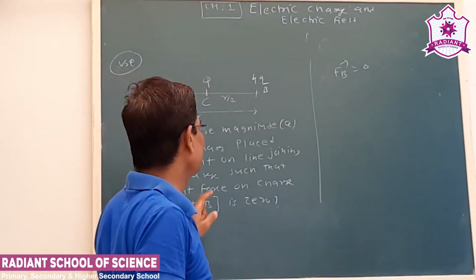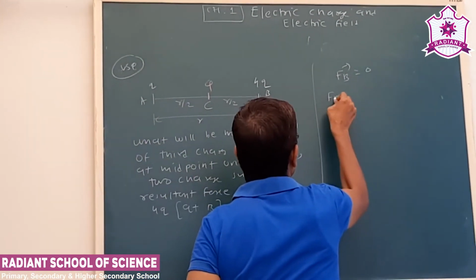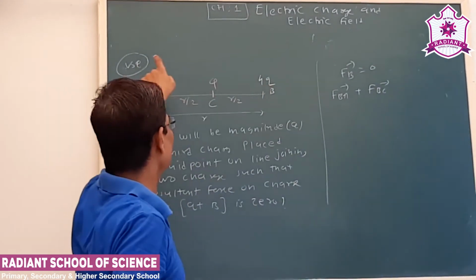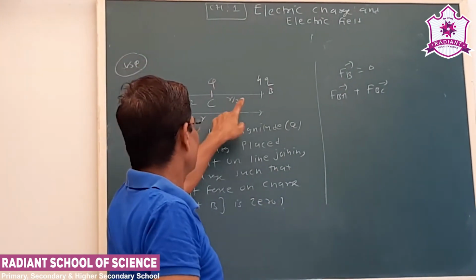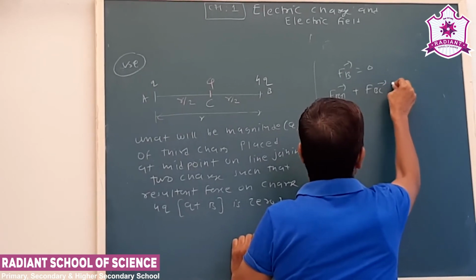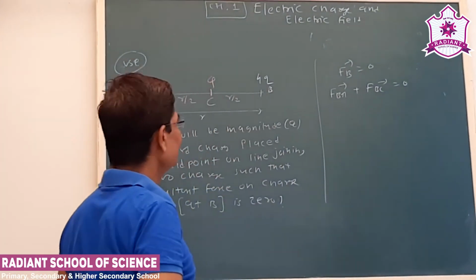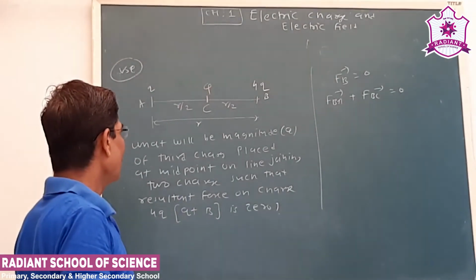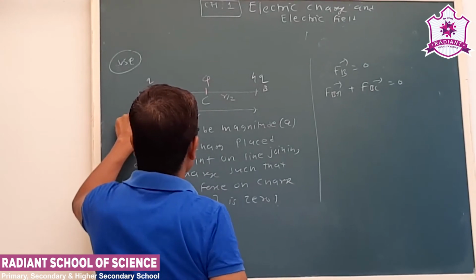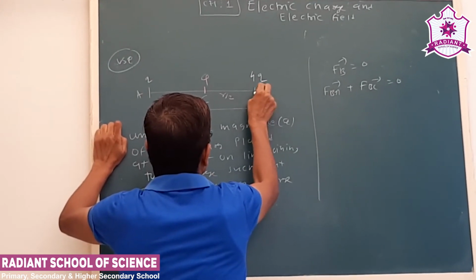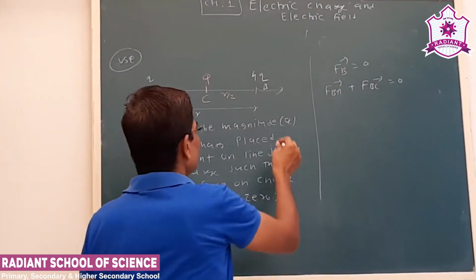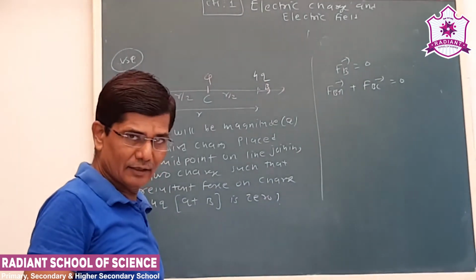The forces are FBA plus FBC: the force between 4Q and Q, and the force between 4Q and capital Q. Between 4Q and Q there will be repulsion, and again repulsion on the other side, since they are like charges.